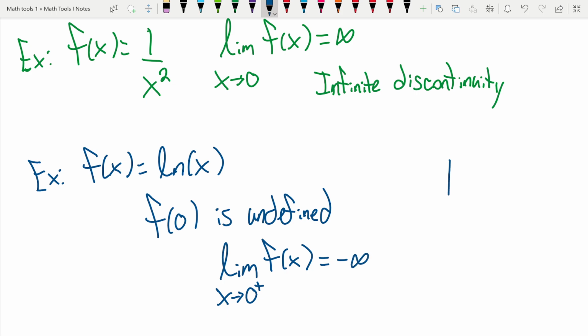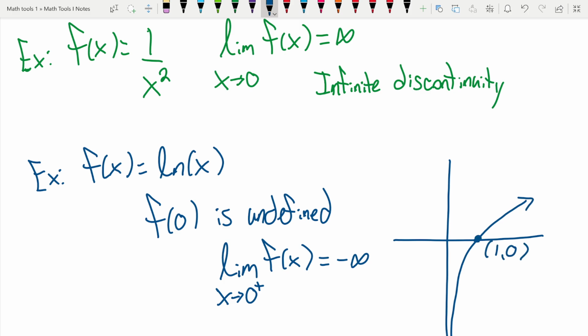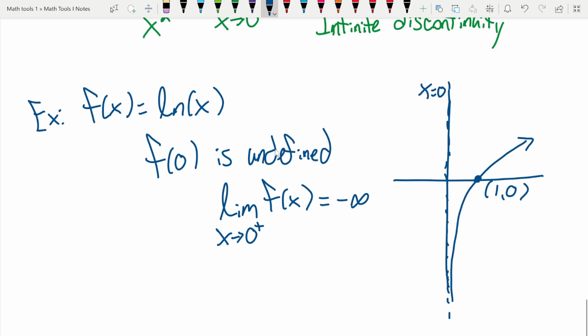And this should be clear from the graph. Okay, the graph of the function looks like this, where this is the point 1, 0. And it has a vertical asymptote at x equals 0. So you can try this out with a table. Like if you keep putting in smaller and smaller values of x, like 0.01, 0.001, you'll see that it's going towards negative infinity.